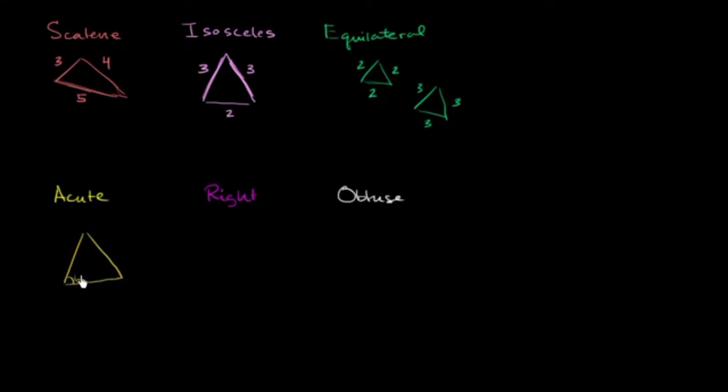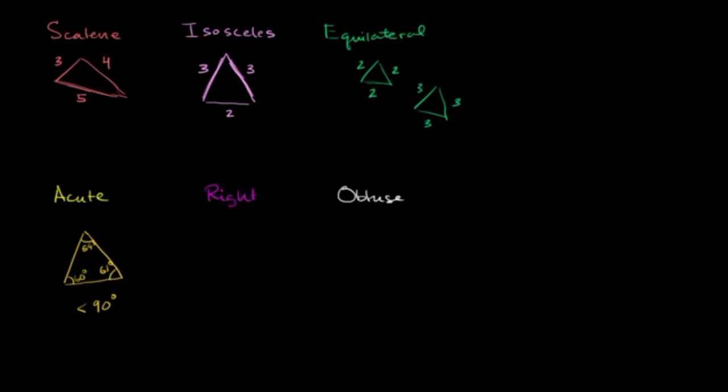If this angle is 60 degrees, maybe this one right over here is 59 degrees, and then this angle right over here is 61 degrees. Notice they all add up to 180 degrees. This would be an acute triangle. Notice all of the angles are less than 90 degrees.